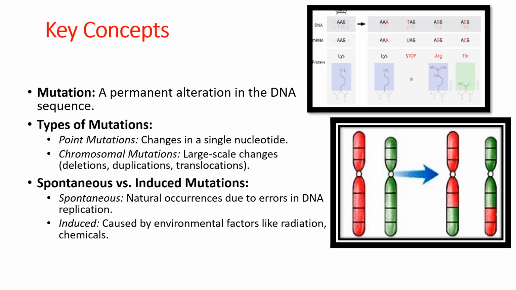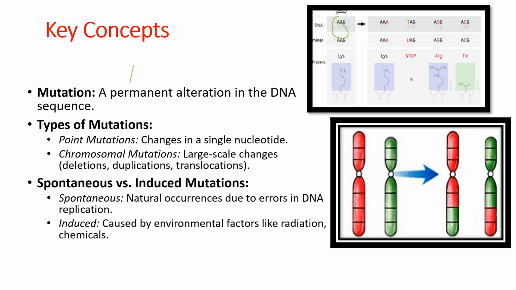If an A nucleotide is accidentally replaced by a G nucleotide, and in this picture you can see the codons, consider this particular A being replaced by G, just for an example.